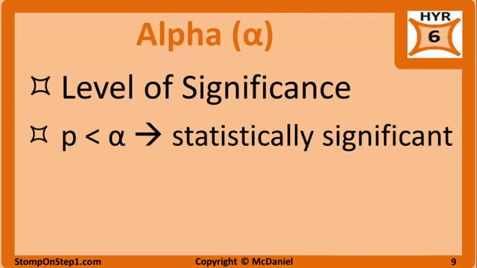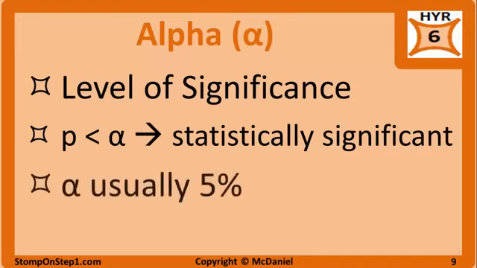If our p-value is lower than alpha, we conclude that there is a statistically significant difference between groups. When the p-value is higher than our significance level, we conclude that the observed difference between groups is not statistically significant.